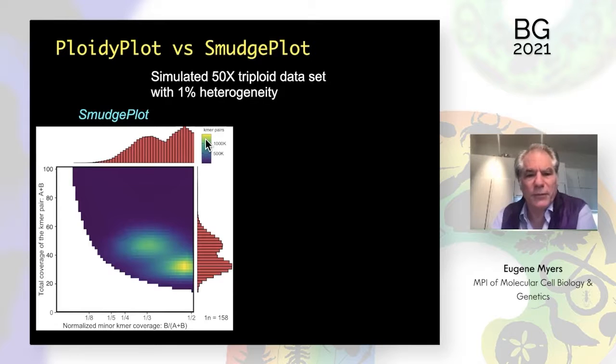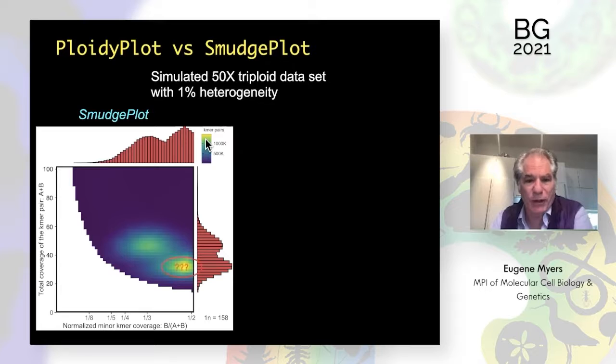When we developed a threaded incremental version of smudgeplot, we suspected that many of the smudges that we were looking at were artifacts. They just didn't make sense. For example, we demonstrate this here with a simulated 50x triploid data set with 1% heterogeneity between the haplotypes. This data set, incidentally, was produced by HiSim.